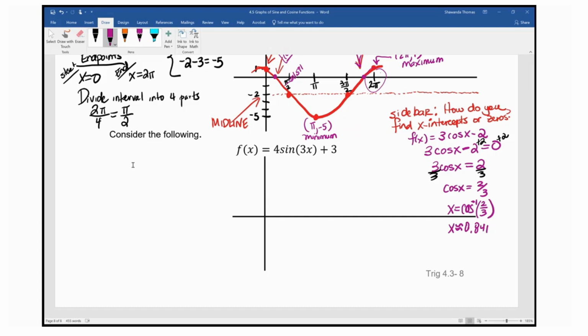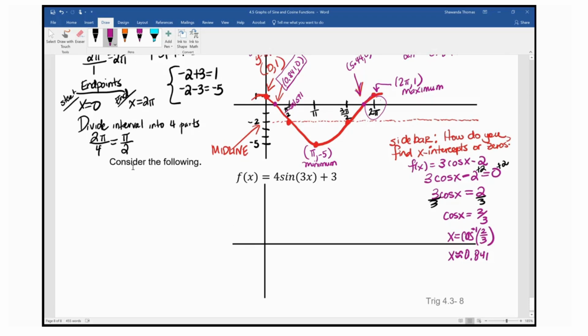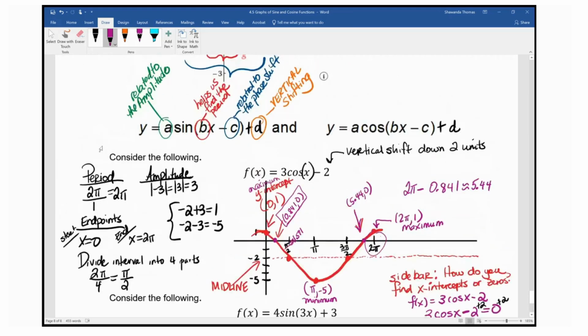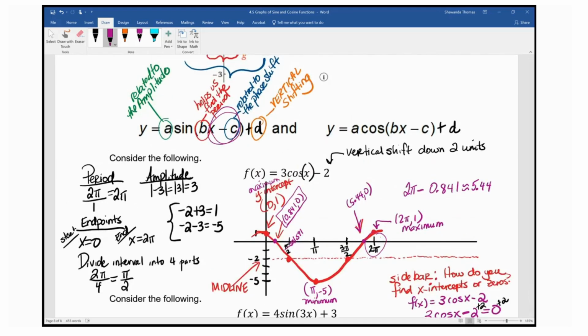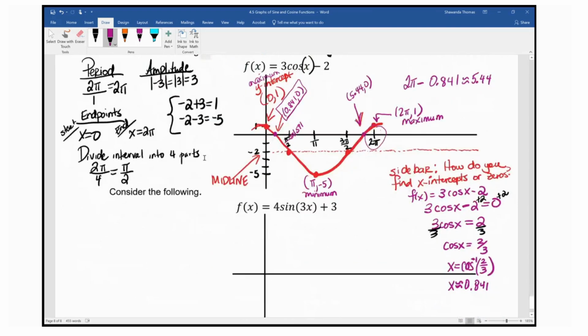Not necessarily. Because horizontal shifting is when you have that minus C or plus C here. That's phase shift.